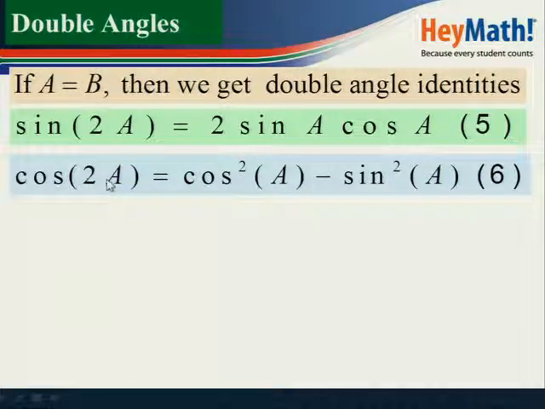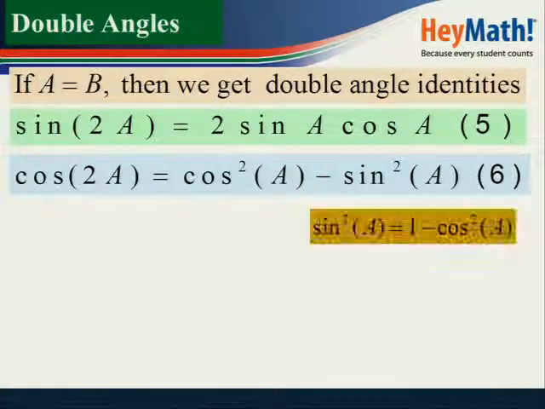Double angle of the cos of 2A, remember, cos can take three forms, and these formulae are in the formula sheet. The cos 2A can be expressed as cos squared A minus sine squared A. Remember this fundamental identity: sine squared A plus cos squared A is equal to 1.